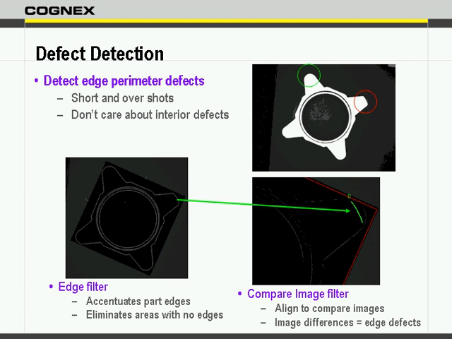By taking the edge image of the original part as it should look and the edge image of each subsequent part and then comparing the 2, we can get a difference, and the differences represent any defects. So in Insight Explorer, in this case, we take an edge filter and we take a compare image filter, and what we get is the image in the bottom right, which highlights only the place where we have a difference, which is the end of that leaf or tooth in that part.